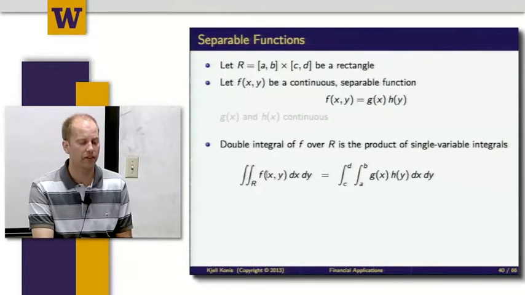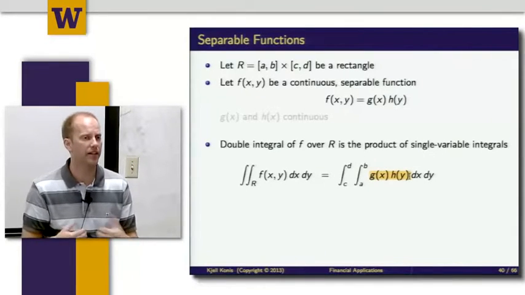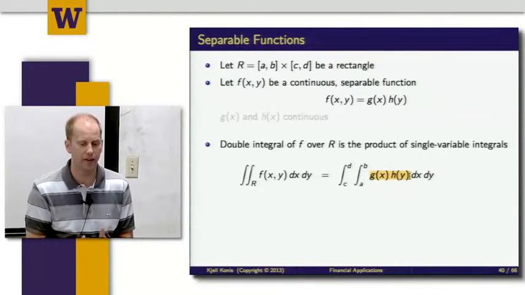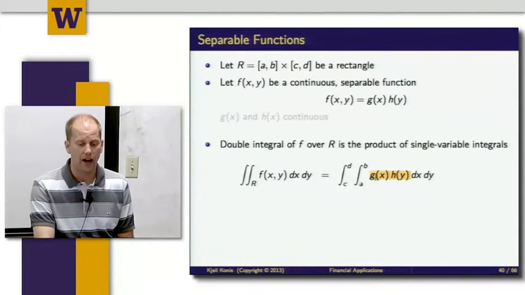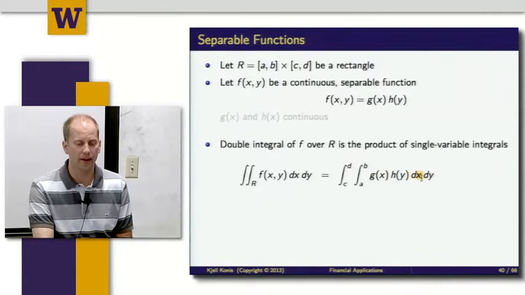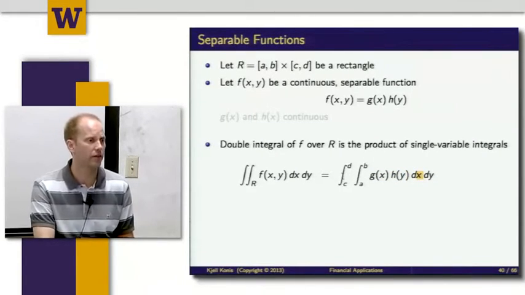Remember, this is f, but now I'm going to use the fact that I can separate it into a product of g of x and h of y. The a, b limits correspond to integration with respect to x, and the c, d limits correspond to integration with respect to y.